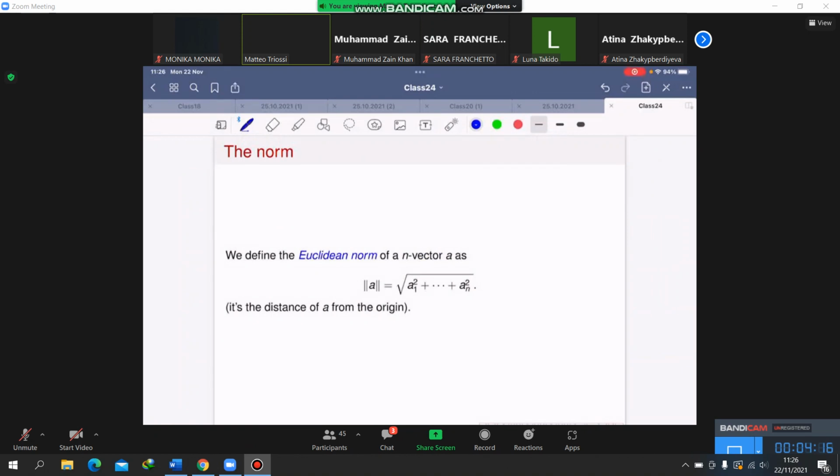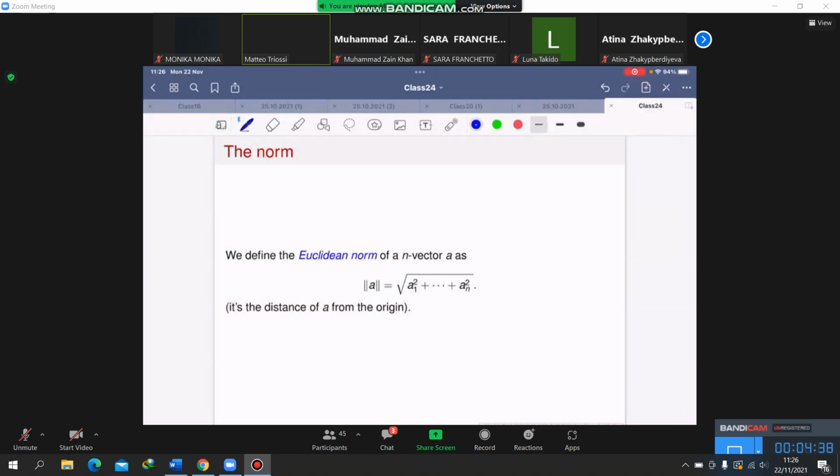What was a module is what we will now call the Euclidean norm of a vector. Its distance from the origin.